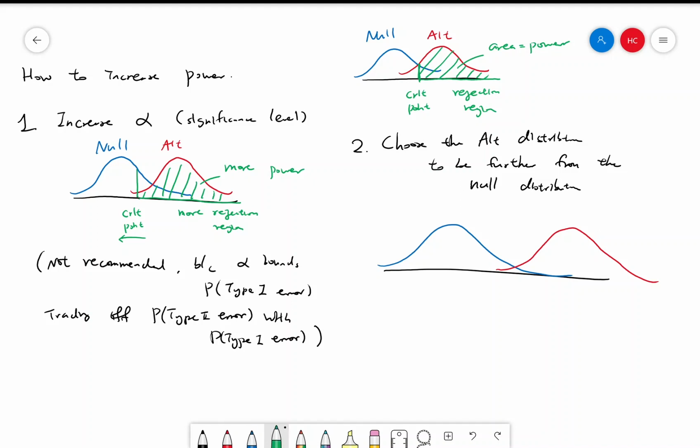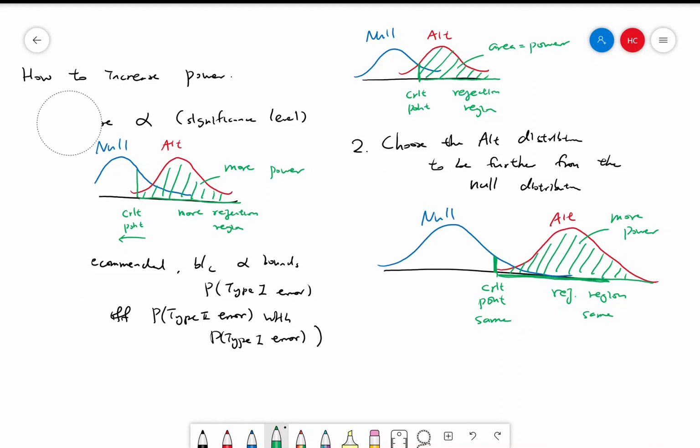Because the null distribution is the same, the critical point is the same. That means the rejection region is the same. But because the alternate distribution is moved further to the right, the area under the curve above the rejection region is larger, so the power is larger. So that's the second way to increase the power.